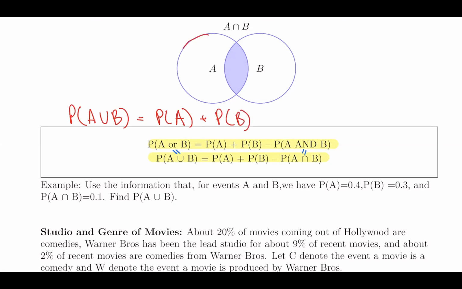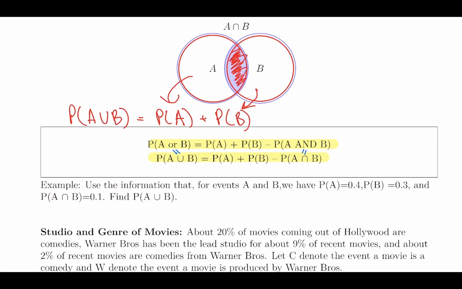If I get the probability of A, it is all of this, correct? So that's the probability of A. But if I get the probability of B now, that'll be this. But if you notice, when I got the probability of A and then the probability of B, I actually double counted this middle area.